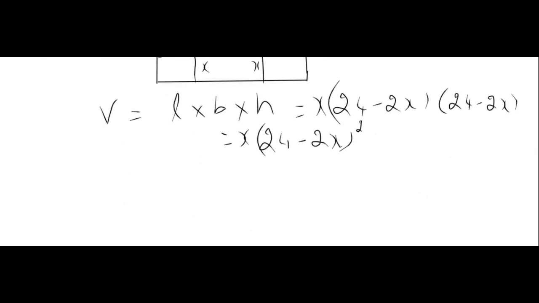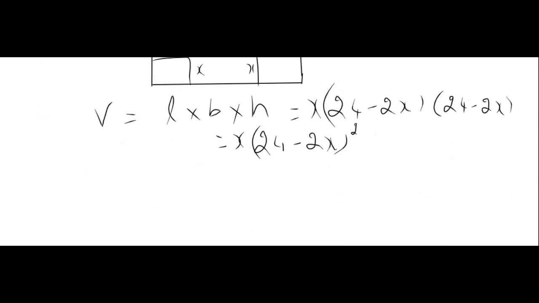Now we know that the volume is nothing but x into 24 minus 2x the whole square. So to find out the maximum value, we need to differentiate V with respect to x. So dV by dx is equal to, we can apply the product rule, u v dash plus v u dash. So u is x, v is 24 minus 2x the whole square.